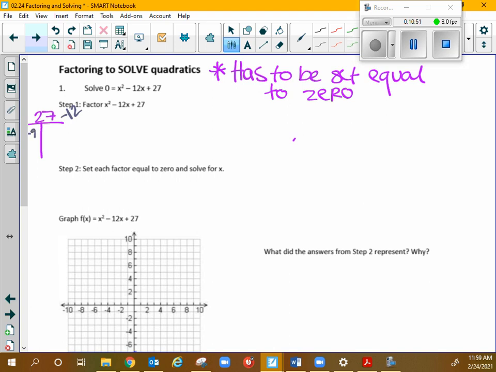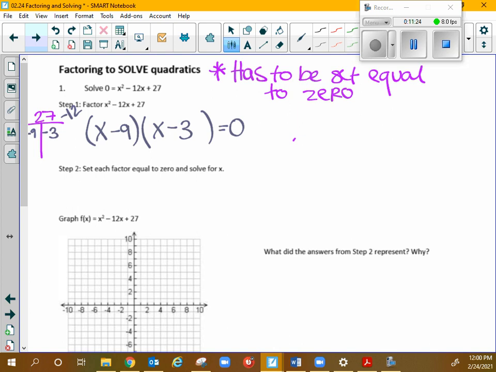Negative 9 and negative 3. Very good. So since my a value is 1, I can just throw my factors up because I've got x and x, minus 9, minus 3. All you've done is take that quadratic and put it in factored form instead of its original. It doesn't change anything. So now it's just equal to 0.